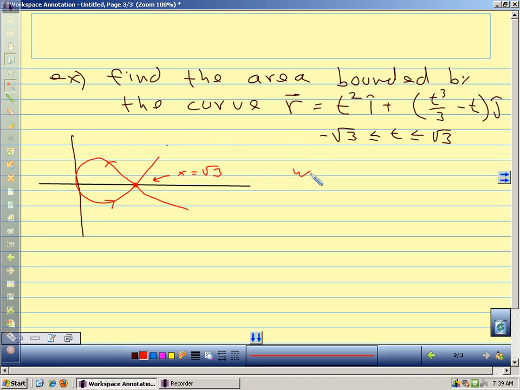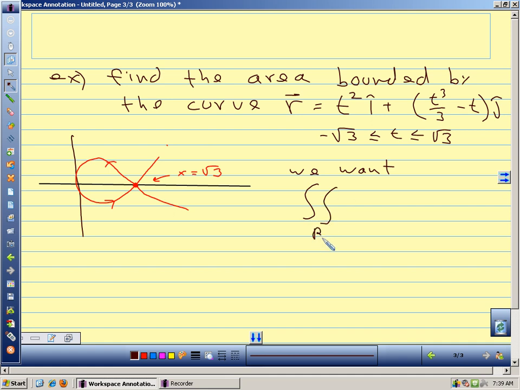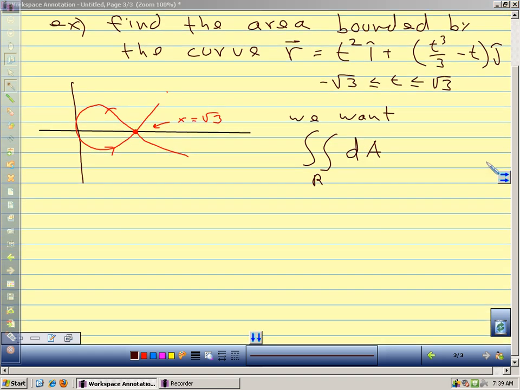So we want the double integral over the region R of dA. And we know that the double integral over R of dA, from Green's theorem, equals 1/2 the integral on our closed curve of minus y dx plus x dy.